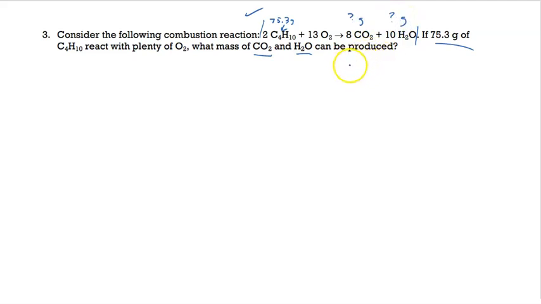In this case, we're going to do 2 separate stoichiometry questions, but we get to first do step 2, which is convert our known quantity into moles. So I'm going to go 75.3 grams C4H10 divided by my molar mass, which is 58.14 grams per mole.